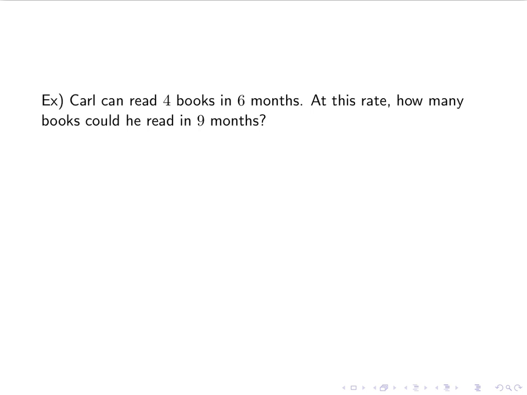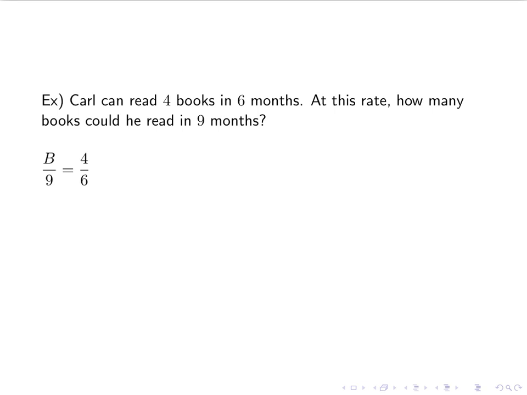So for our first example, Carl can read 4 books in 6 months. At this rate, how many books could he read in 9 months? So we're going to set up our proportion. We're comparing books to months, so this would technically be a rate as opposed to a ratio, but it's not really a huge deal here. And what we're looking for is books, so I'm going to put books on top and then months on the bottom.